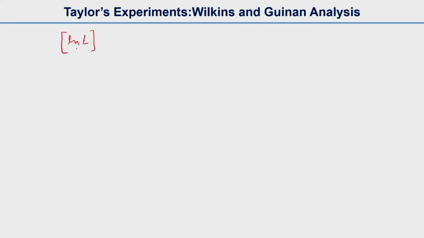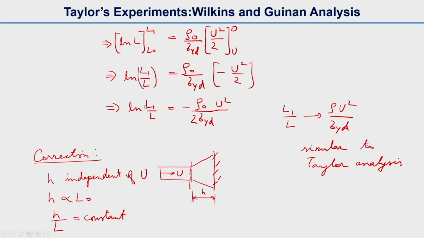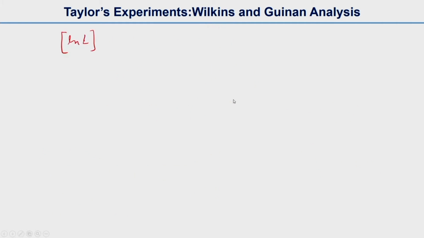If we want to get this h naught by L out, because h naught doesn't depend on u, they took that h naught by L equal to constant part out of this relation.